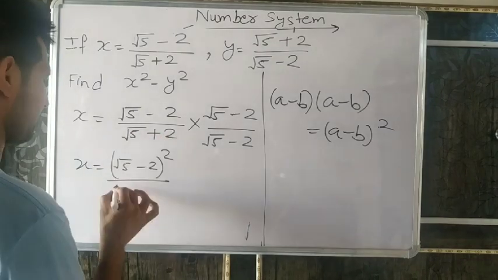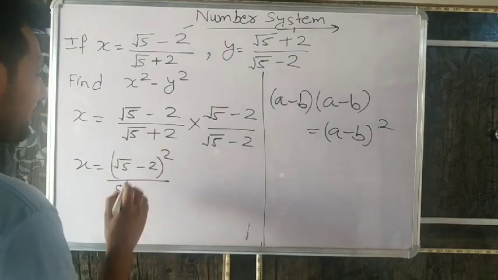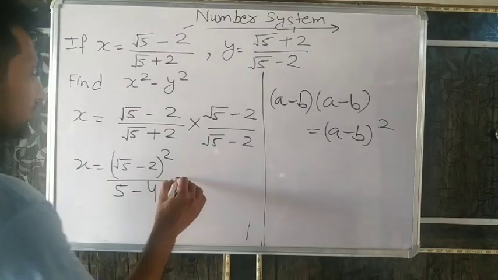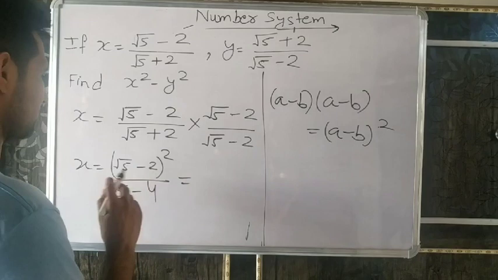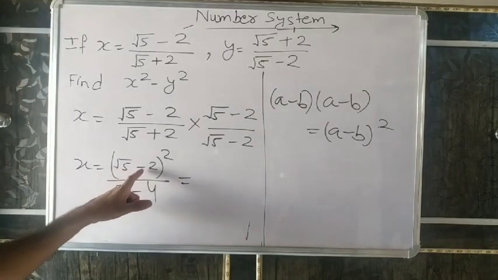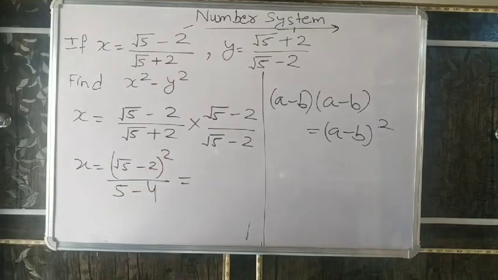So root 5 square 5, minus 2 square 4. What is the answer? So x comes: x equals, it is the formula of A minus B whole square. Do you understand?